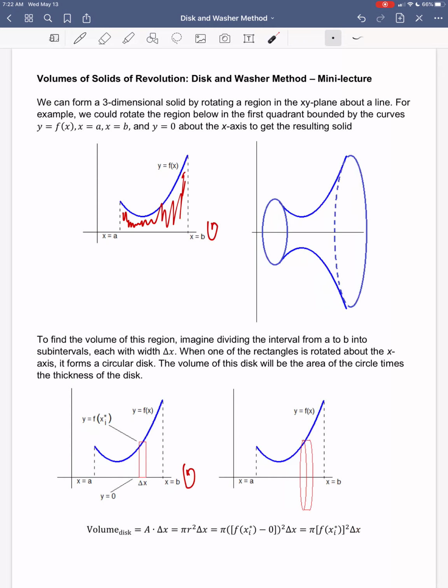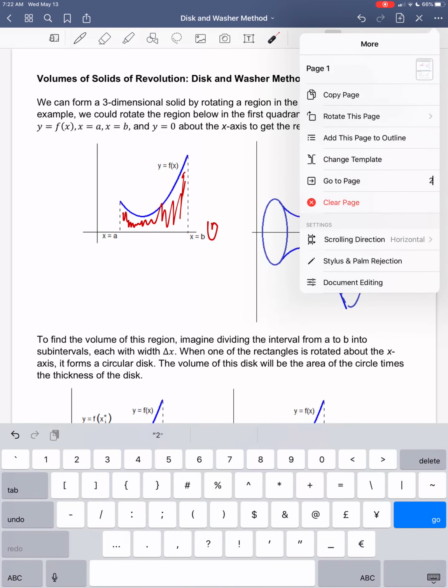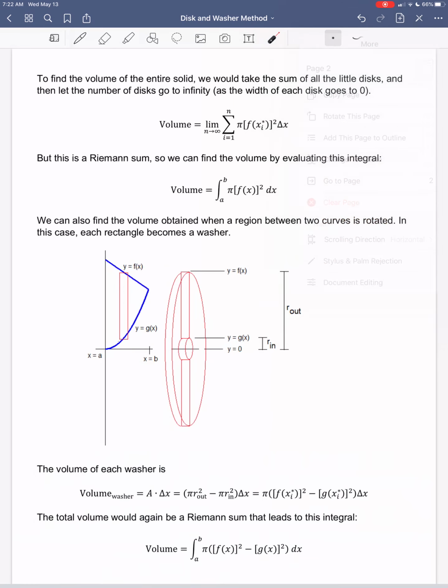What I want to do then, of course, is take all the rectangles as I go across from a to b. That would end up giving me a bunch of little disks that would approximate this overall volume up above. And so if I do that, I form the sum of all those disks. So that's what this is, right?